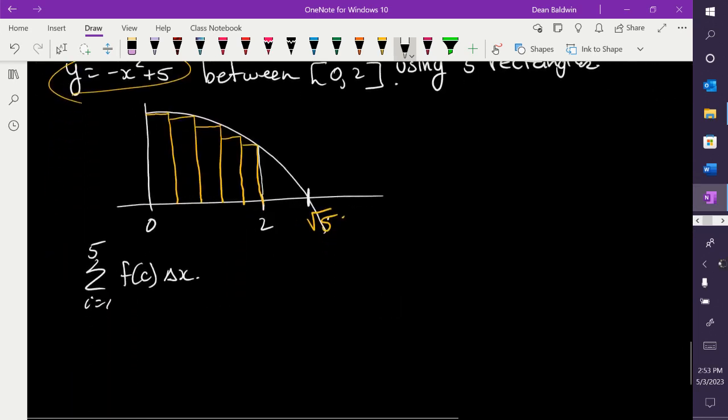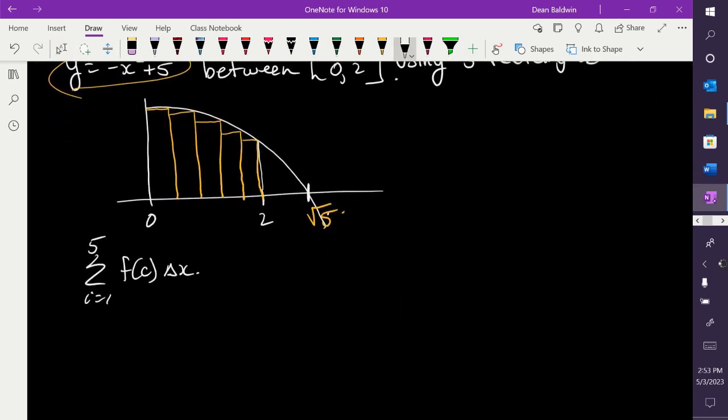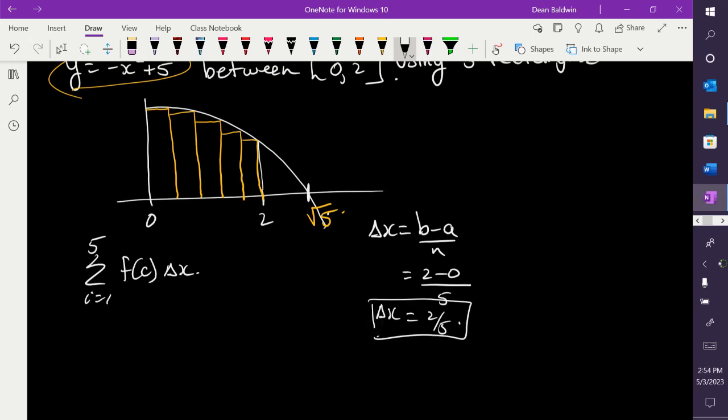Delta x is going to be b minus a over n. b is 2, a is 0, n is 5, so it's 2/5. Each rectangle has a width of 2/5 or 0.4.